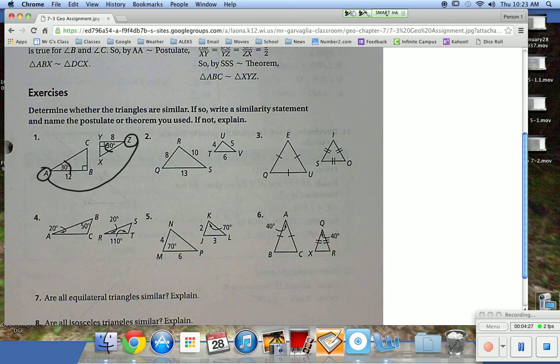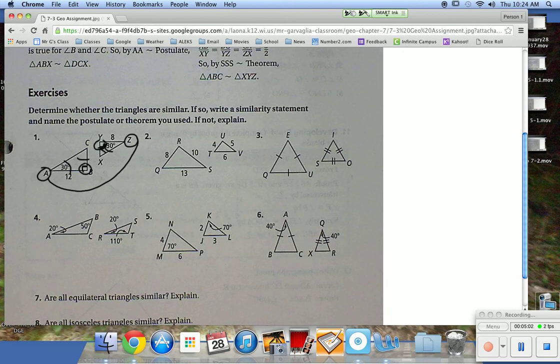We have to determine whether these triangles are similar. Well, we already know one angle is similar. We know these angles here are 90 degrees, right? So those angles are similar. Well, a triangle is only made up of 180 degrees. So if two of the angles are similar, the third angle has to be similar also. So they would be similar.